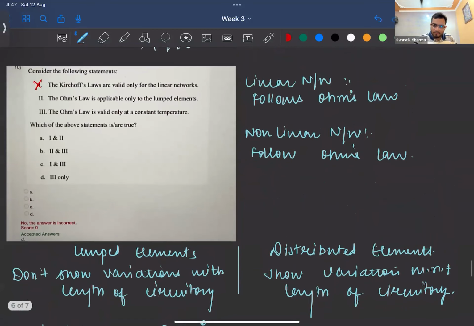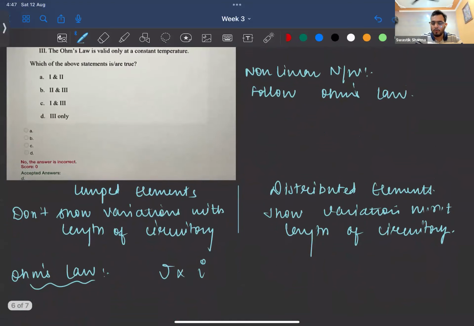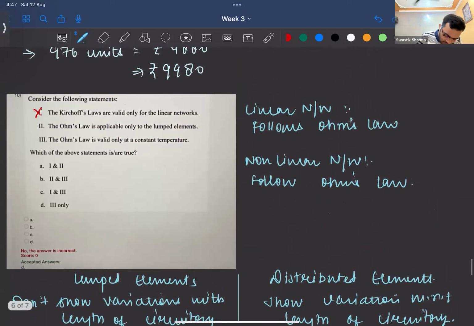So we can't judge based on whether they are lumped or distributed. Ohm's law can be applicable, because they don't violate the basic condition of Ohm's law. Hence this assertion is also wrong.